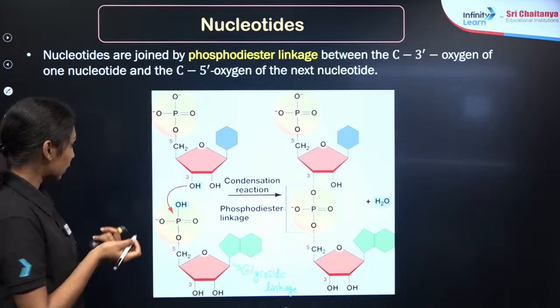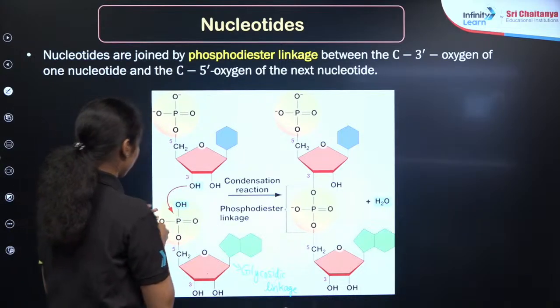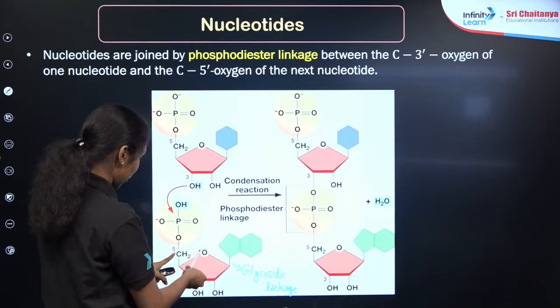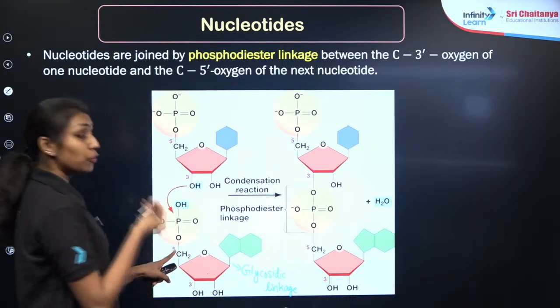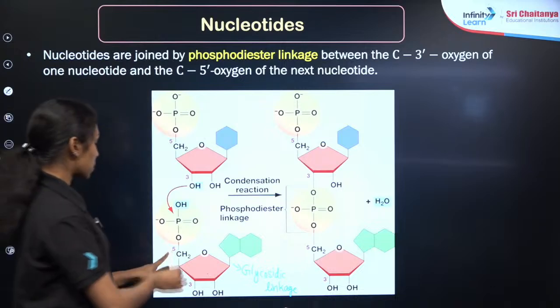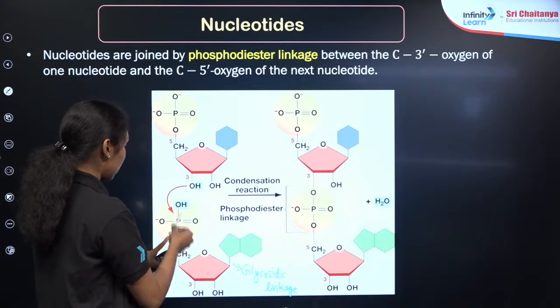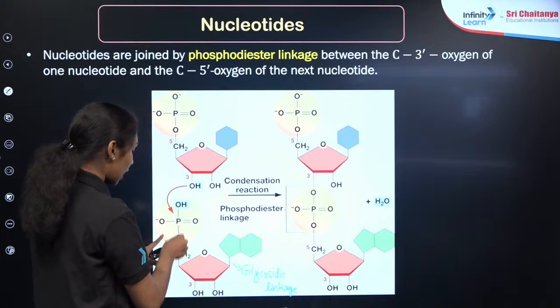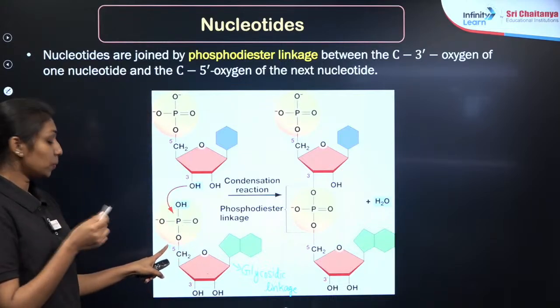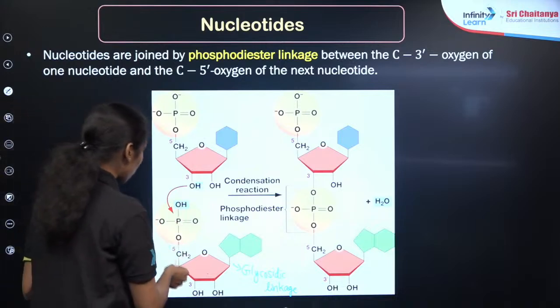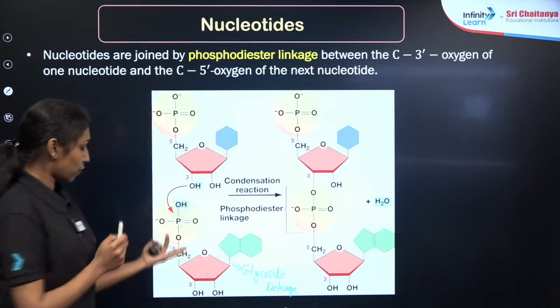So here you are observing this CH2OH group. One of the OH groups present in the fifth position of the sugar molecule combines with the hydrogen atom present in the phosphoric acid, forming a water molecule. By releasing the water molecule, through the condensation process, it will form a phosphoester bond.